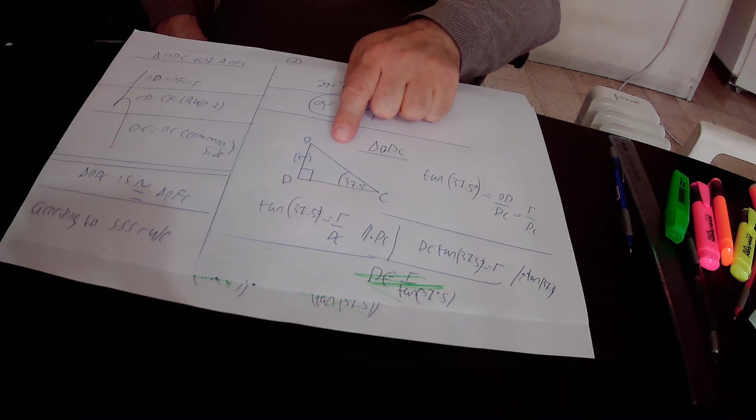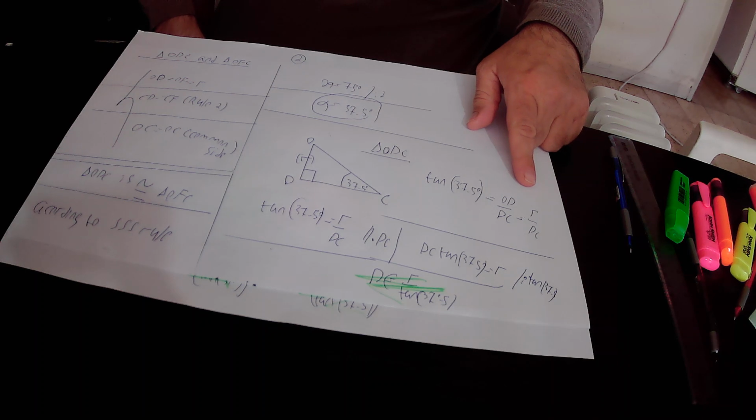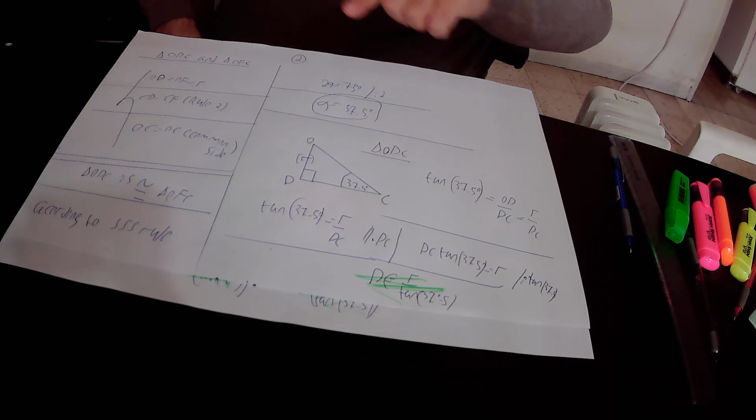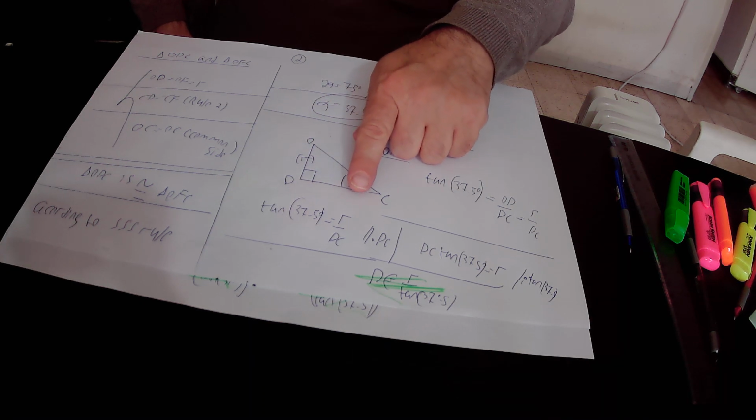In this right triangle ODC, tan 37.5 degrees equals OD over DC. OD is R, so tan 37.5 degrees equals R over DC.